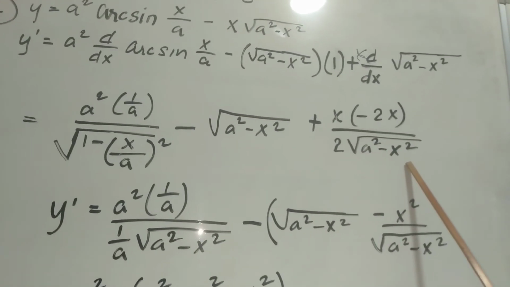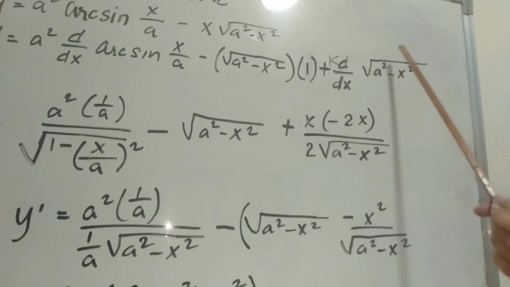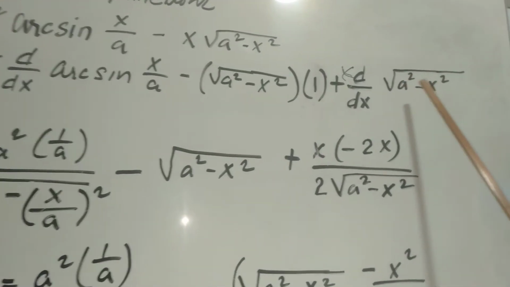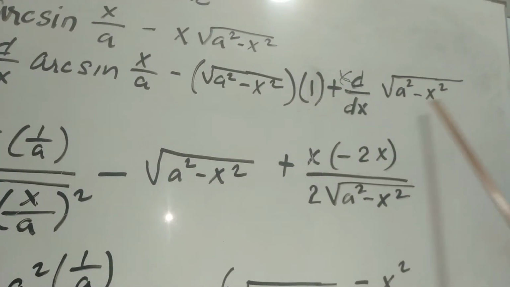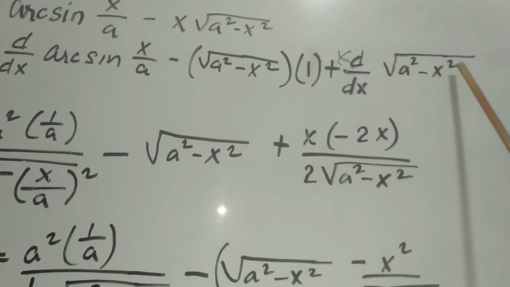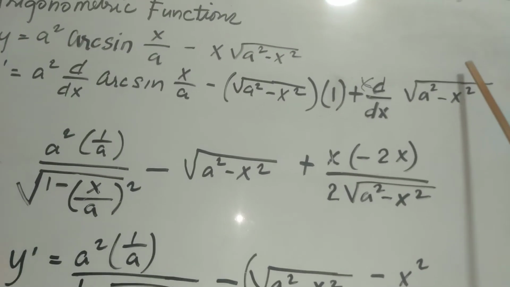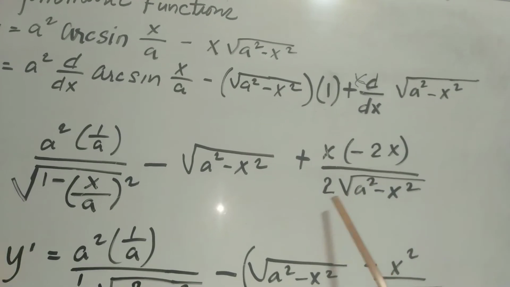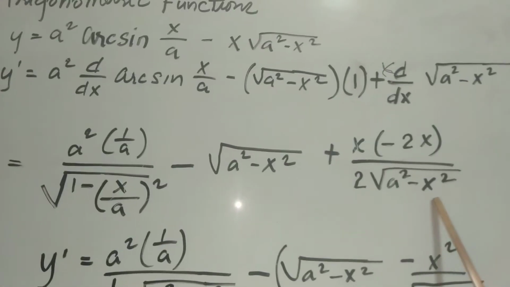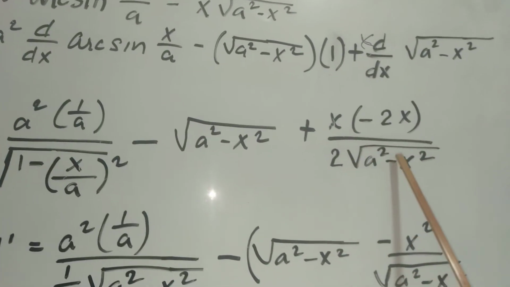Since this is a squared minus x squared to the power 1 half, we subtract 1 from the exponent, it becomes the denominator, which is 2 times the square root of a squared minus x squared.